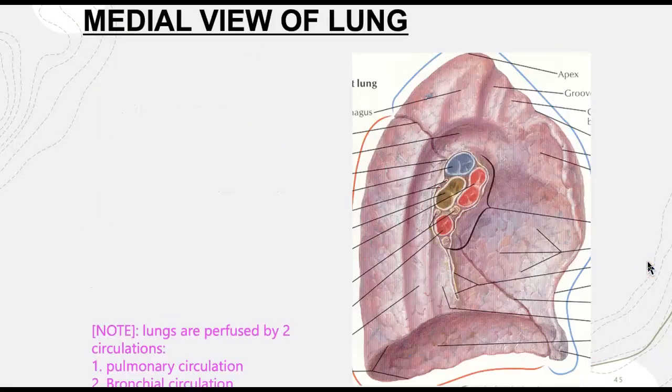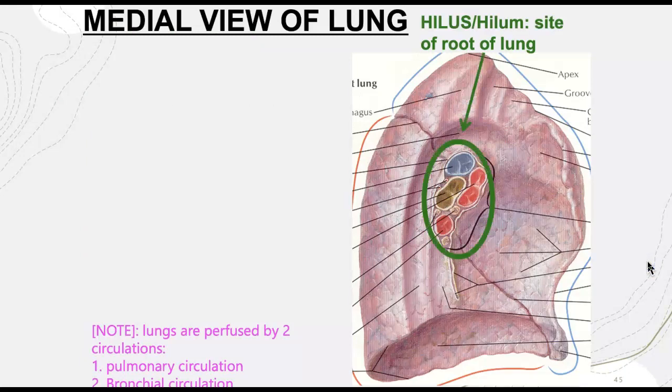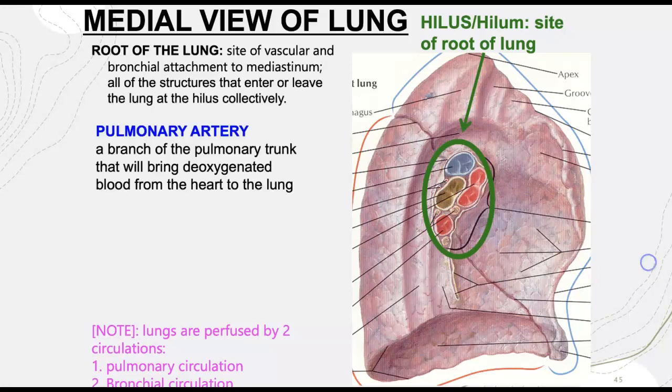So here we are taking a look at the medial view of the lung. Here is the hilus or the hilum. This is going to be where the root of our lung can be found. In that root, we are going to find a pulmonary artery, which is a branch from the pulmonary trunk that can bring in our deoxygenated blood from the heart into the lung.